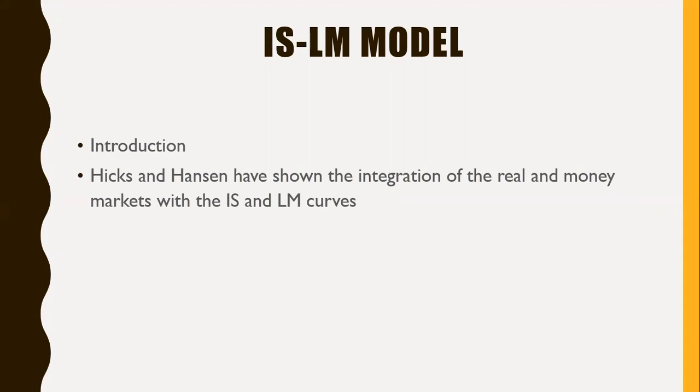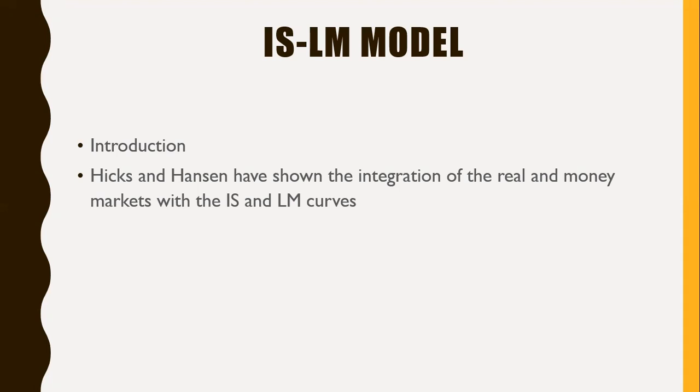Hello. In today's class, we will consider the IS curve, that is the goods market, from the ISLM model. What we are considering is post-Keynesian economics. Hicks and Hansen have shown that these two markets are working in an integrated manner.